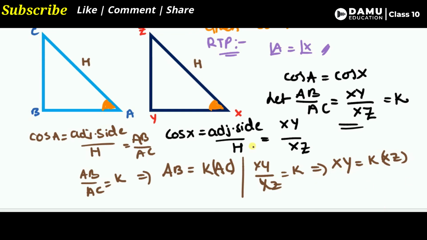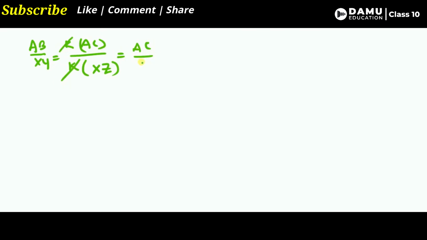The AB value is K times AC, and the XY value is K times XZ. The K's cancel, which gives AC by XZ. Therefore, AB by XY is equal to AC by XZ. Let's call this equation 1.